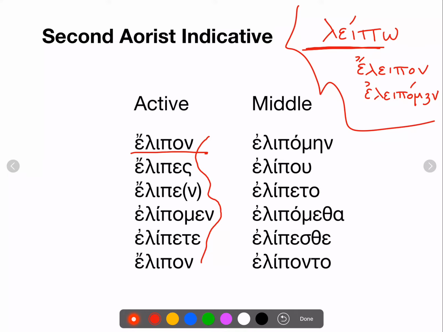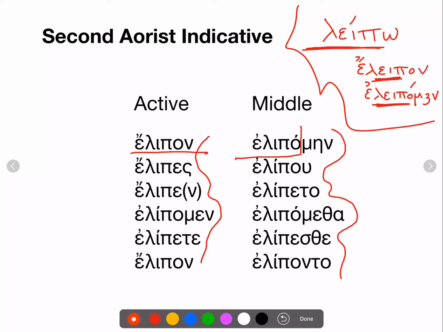endings you would use for the imperfect indicative active. For the second aorist middle, again, go to that third principal part and use the same exact endings you would use for the imperfect indicative middle. The only difference is the stem.